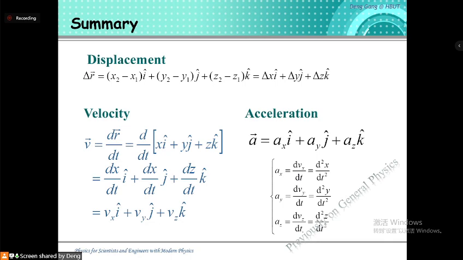And each component is exactly the same as a 1-dimension problem. So that's why we need the component form, because if we want to directly calculate the displacement or velocity or acceleration as a vector, that would be very complicated. But if you use the component form, that's just the same as what we did in previous chapters. Just for 2 dimensions, that should be 2 problems.